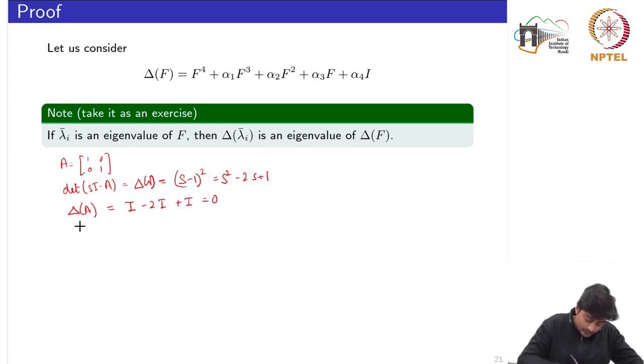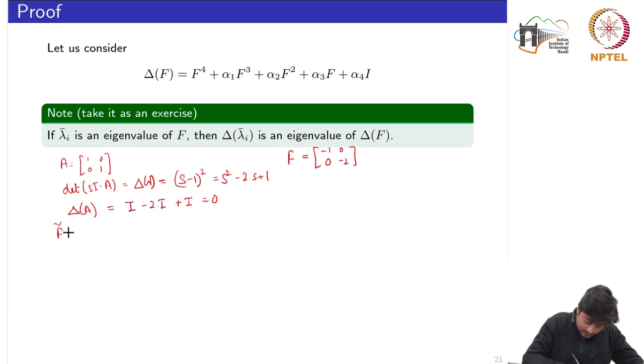So now define another matrix. Let's say we want to place the eigenvalues of the closed loop matrix to, let's say, -1 and -2. So I form another matrix.